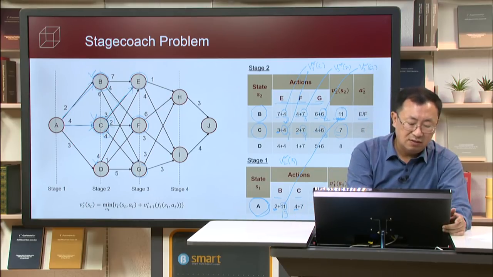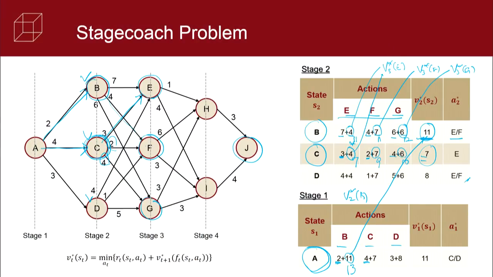And then from C to J, it takes 7 days. So that is equal to 11, right? If you go to D as the next node to visit, it takes 3 days to get to D, and it takes 8 days from D to J. So that is equal to 11.